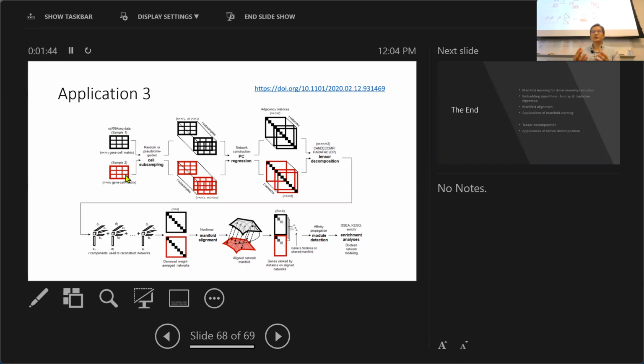So we detect those network rewiring events and found those genes really tell you the importance of this difference between these two samples. So we will play with those examples in the computer lab on Thursday.